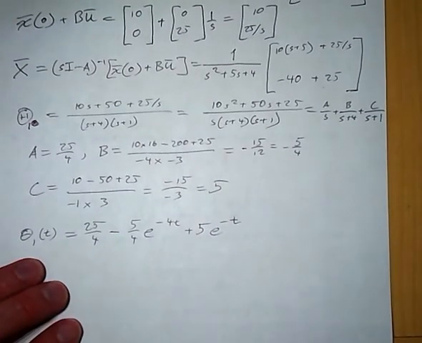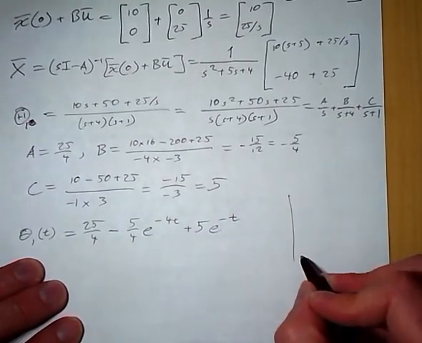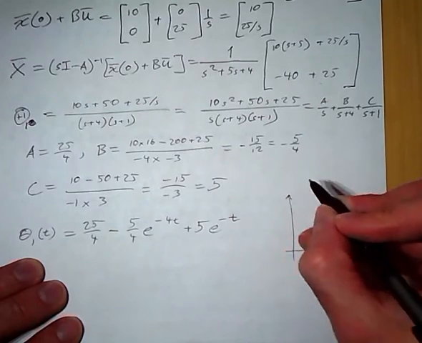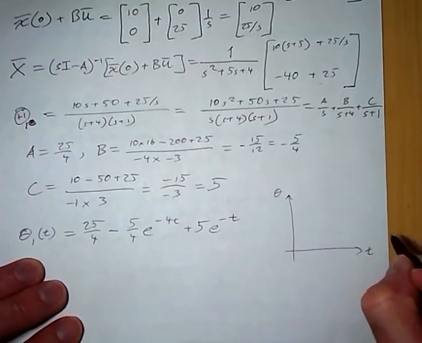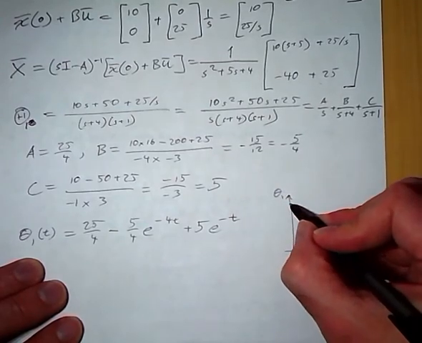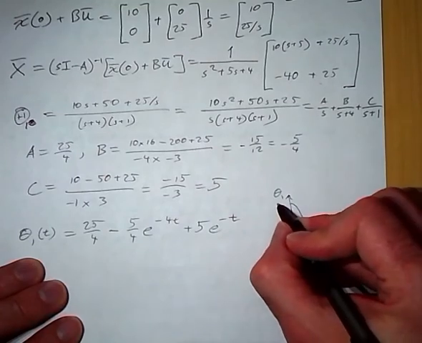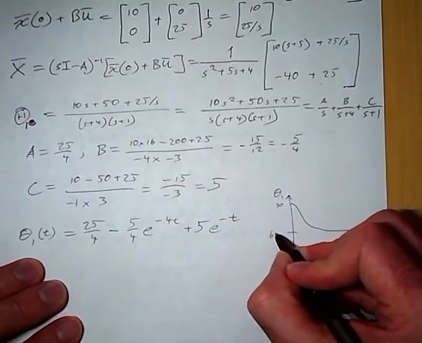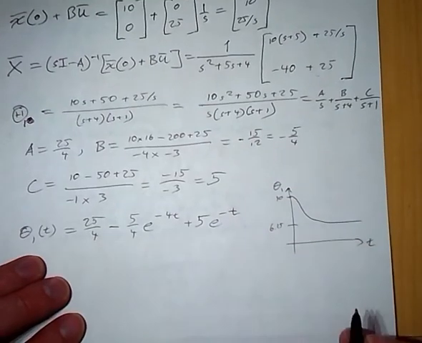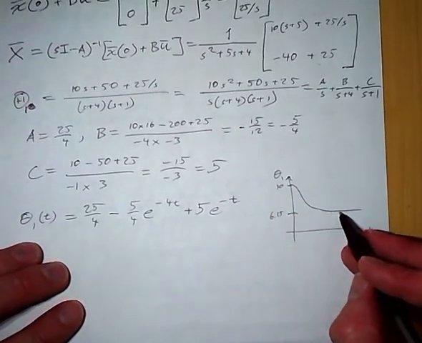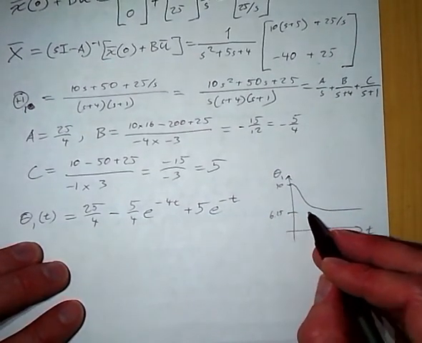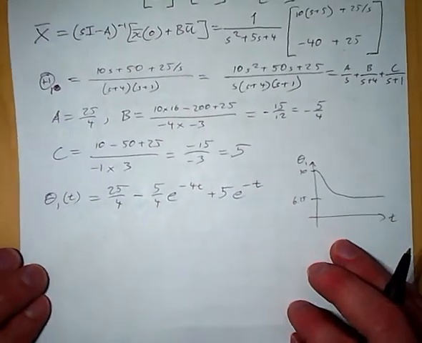And this looks roughly like this, so this would be theta, and this is theta 1, and this is time, so it starts off at 10 and ends up at 6.25. So this is how far the unit step input torque rotates the input shaft.